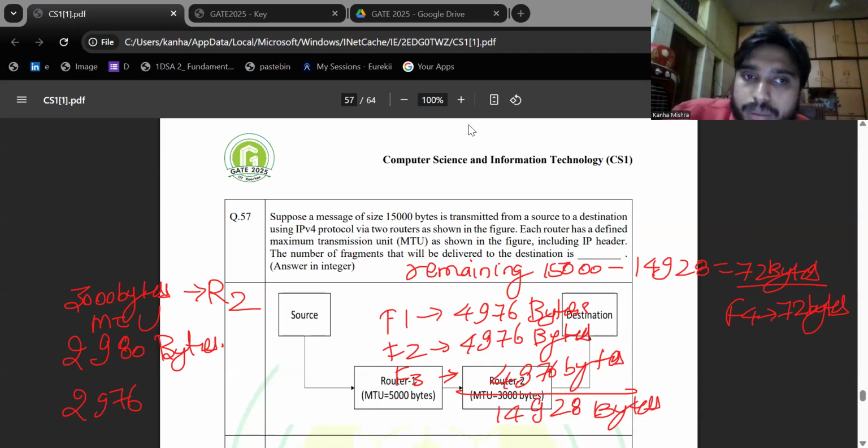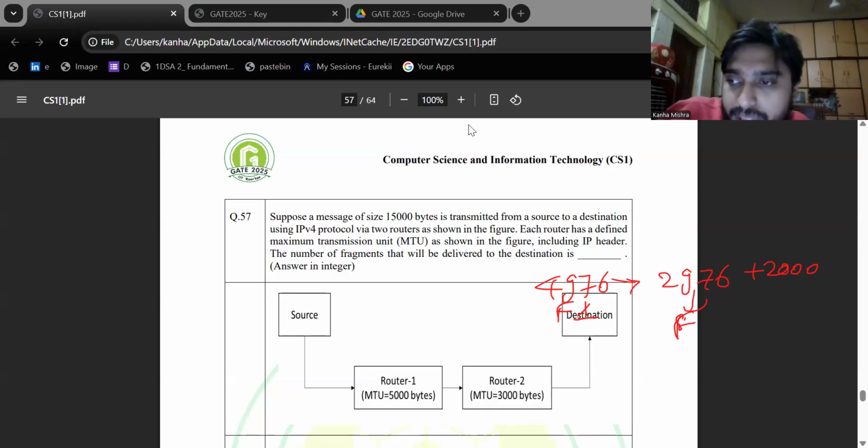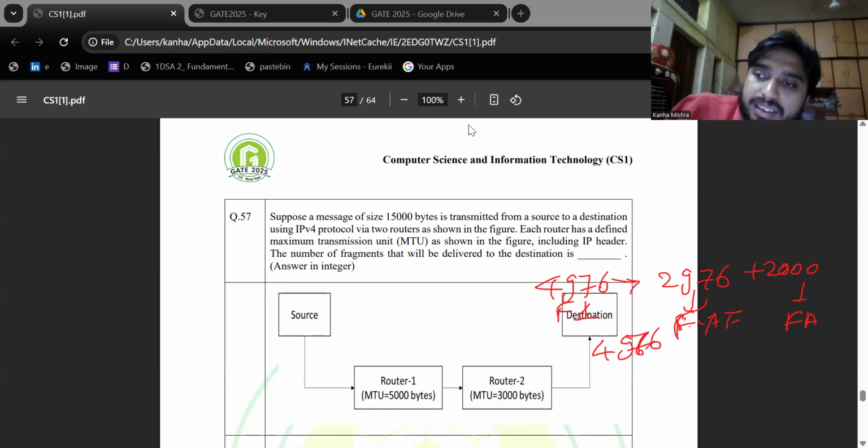Let's talk about the remaining. 4976 can be broken as 2976, because 3000 is the maximum that can go, and the remaining 2000 goes in the second fragment. So each fragment from router 1 can be fragmented into fragment A1 and fragment A2. 2976 plus 2000, each one of them is broken into exactly 2.